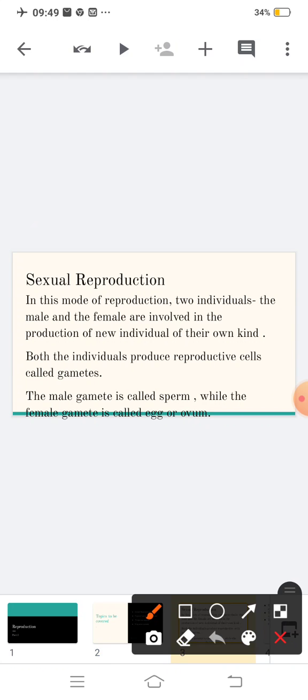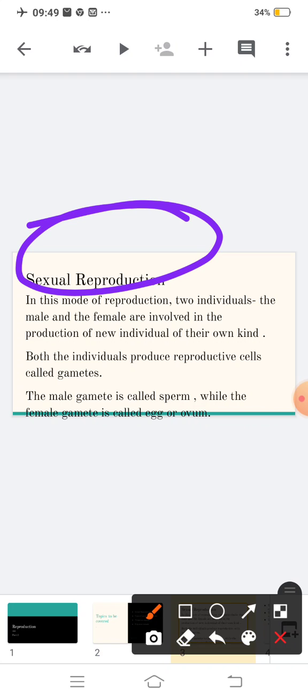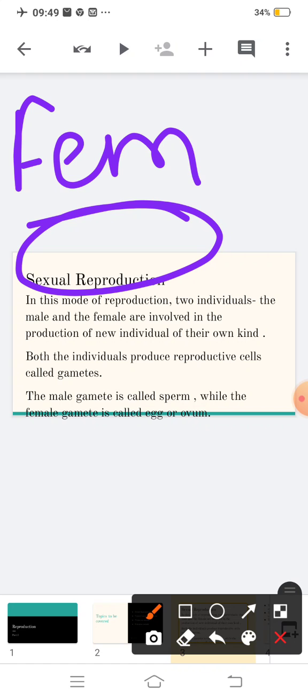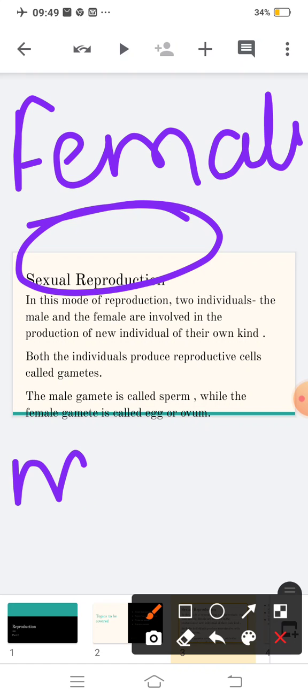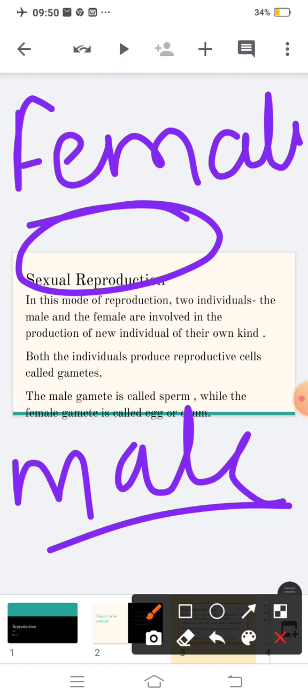What do you mean by sexual reproduction? In this mode of reproduction, two individuals, the male and the female, are involved in the production of a new individual of their own kind. I told you in asexual reproduction, you require only a single parent. But in sexual reproduction, you require two parents, one female and one male.